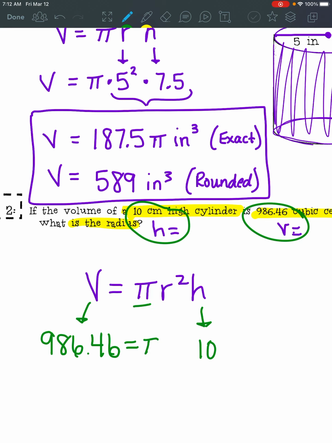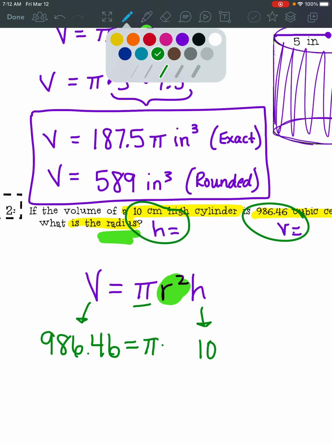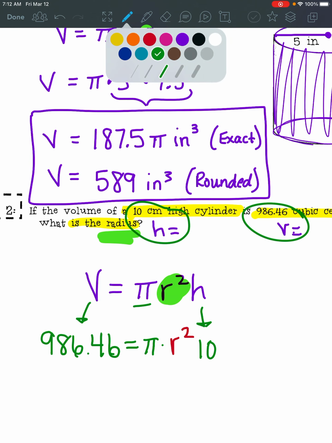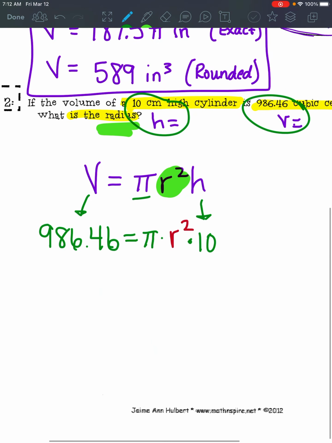Now that's all we're told. So the pi, well, that's a symbol. We know that value. The r is what we're solving for. We don't know the radius, and that's what we're trying to find. So I'm actually going to keep that variable. I'm going to do it in a different color so it stands out and it shows that that's what we're solving for. So once we get here, guys, it's like solving an equation where we want to get this variable r all by itself.